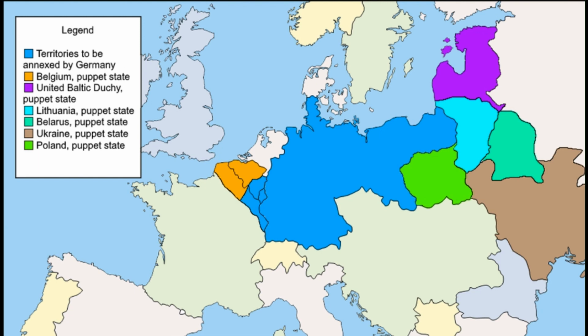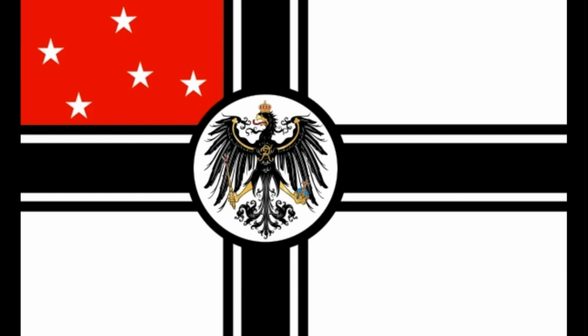The Germans also integrated Luxembourg into the German Empire, and they took a good deal of land in Africa, including the Belgian Congo, French Equatorial Africa, Uganda, Kenya, and Nigeria, the last three being from the United Kingdom.